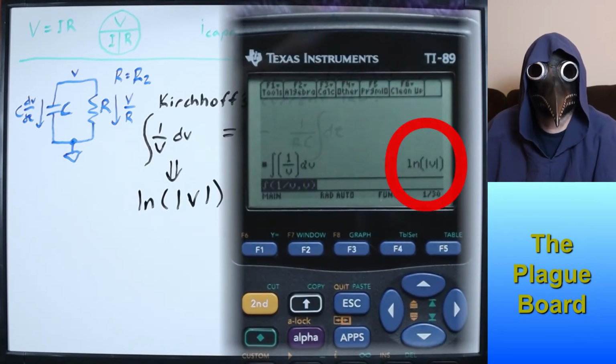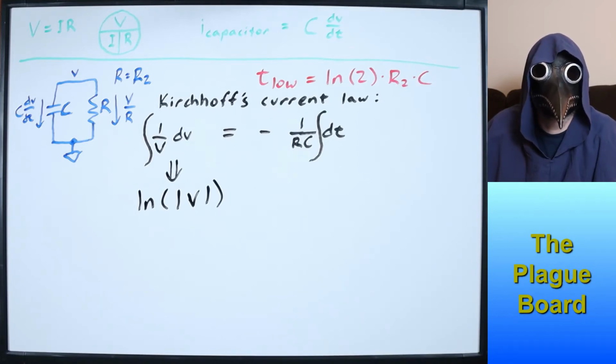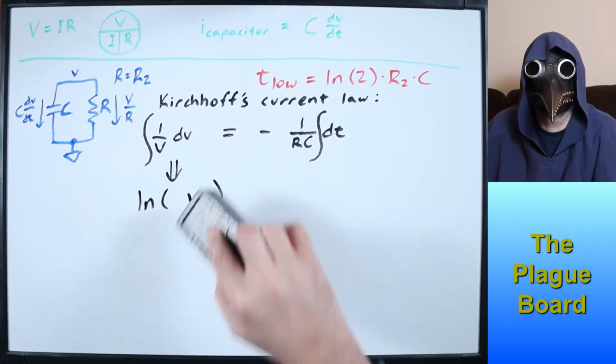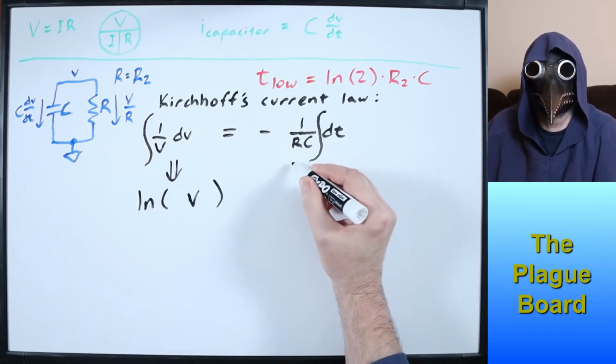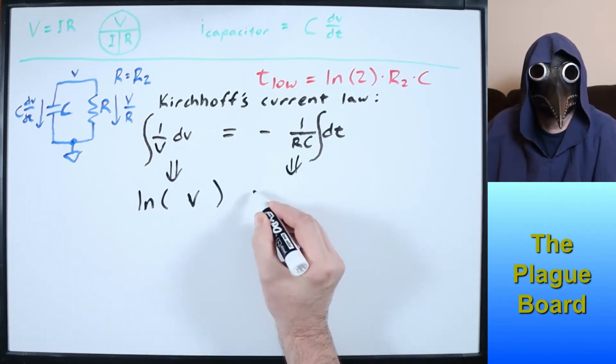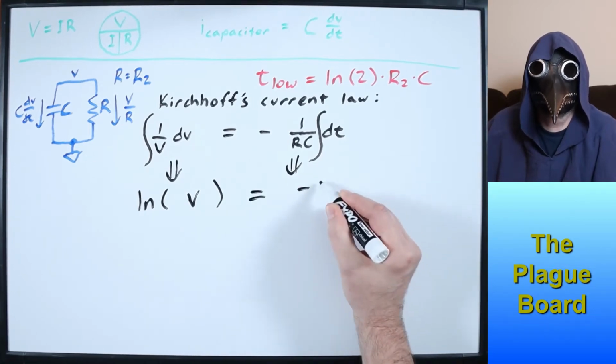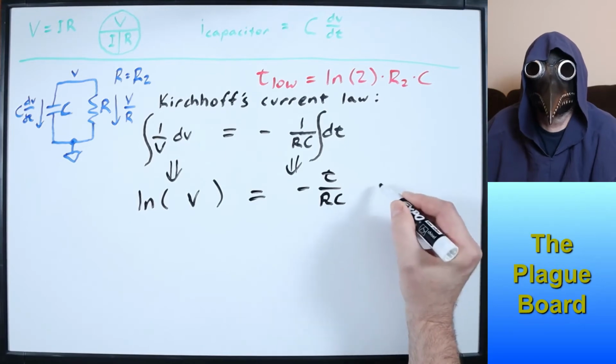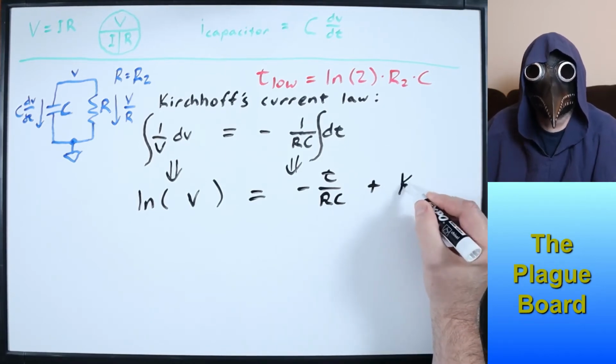And in our case, the voltage will always be positive, so I'll just get rid of the absolute value bars. The integral of dt is just t, so we have negative t over RC. And we can't forget our constant of integration, which I'll denote as k.